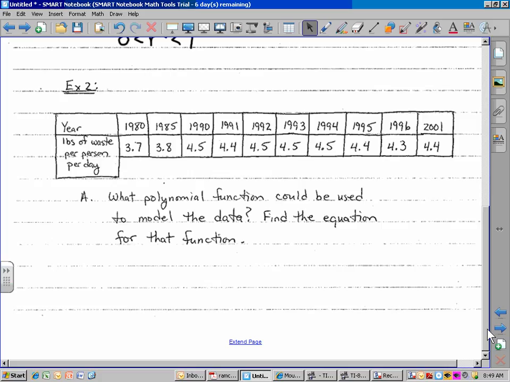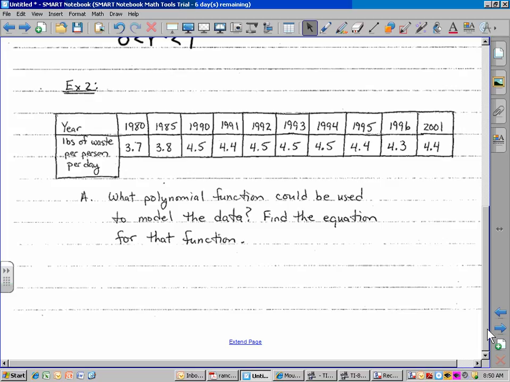So we have 1980, 85, 90, 91, 2, 3, 4, 5, 96, and then it jumps to 2001. And for pounds of waste, we have 3.7, 3.8, 4.5, 4.4, 4.5, 4.5, 4.5, 4.4, 4.3, 4.4. Seems to be pretty steady between 3.7 and 4.4.